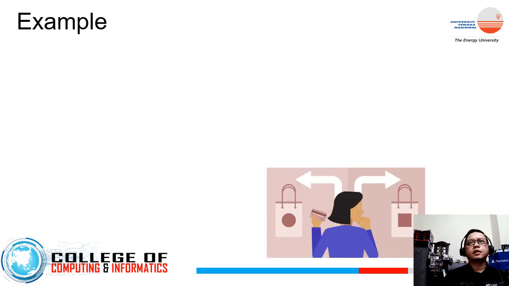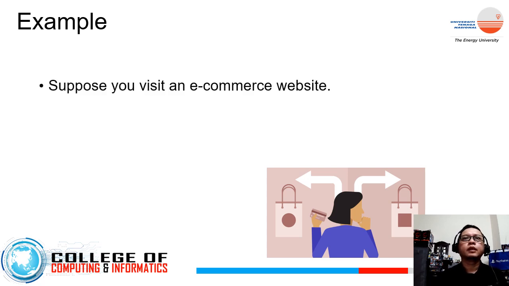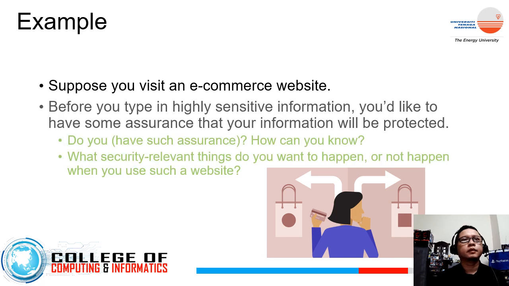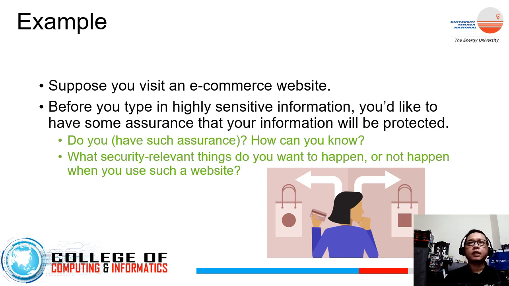So now we look at an example, and this example is from the point of view of the customer or the user of your service. For example, imagine you are visiting an e-commerce website. This is you as the customer. So usually, before you type in highly sensitive or personal information to a service or a website, you want to have some assurance, okay, that your information will be protected.